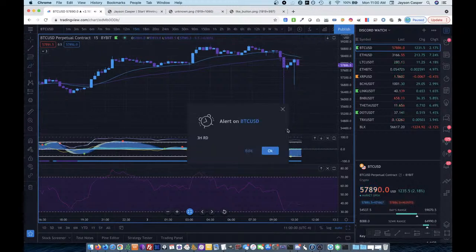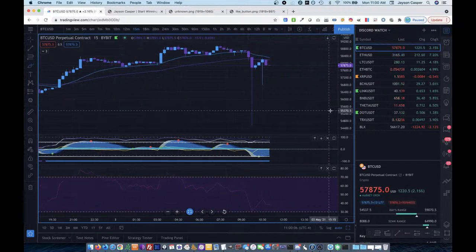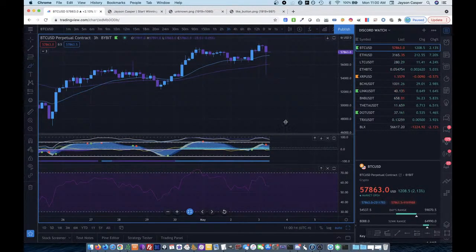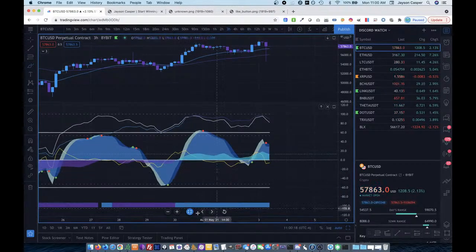Interesting. Now Bitcoin is printing the 3-hour red dot. Just confirmed. So yeah, let's see what happens.